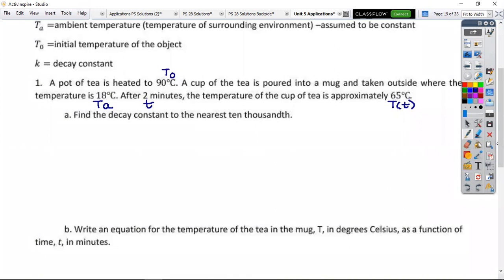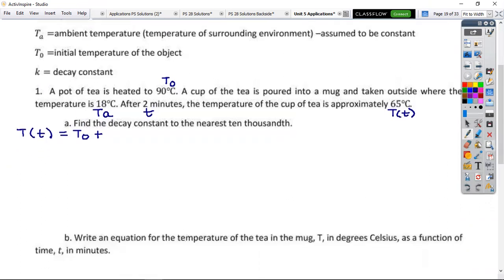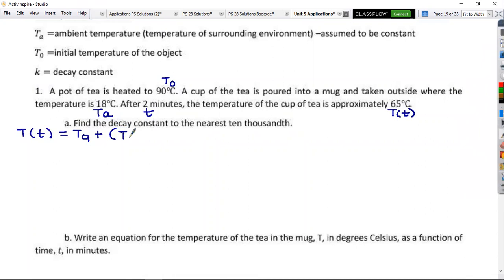So my formula goes T of T is equal to temperature of the object plus, I'm trying to remember which one comes first here. I'm sorry, always mix those up. So we're going to go T of O minus T of A and E raised to the negative KT.